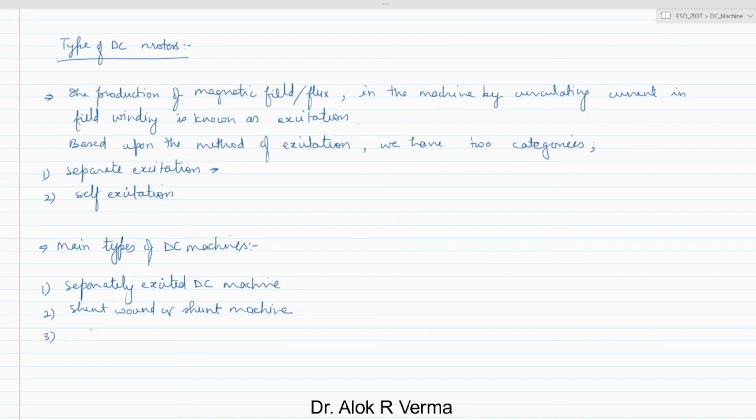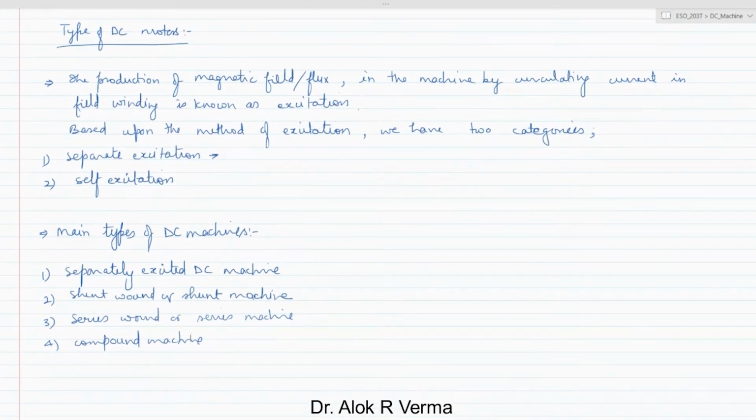The third one is series wound or series machine. Or the compound machine. Now we'll see one by one what these machines mean and what the naming means. So let us first consider the separately excited DC machine.